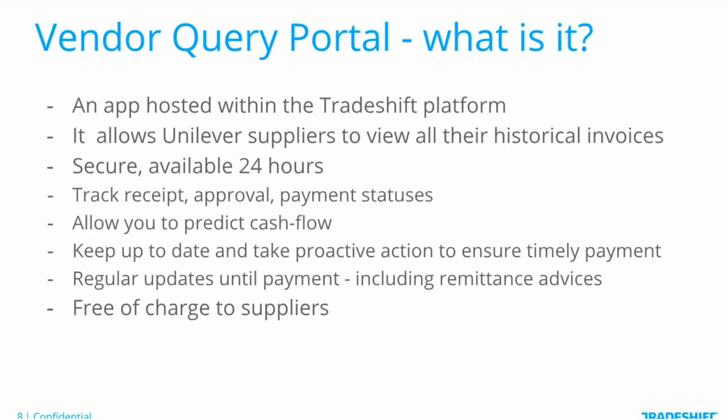It allows you to track receipt, approval, and payment statuses, which are forwarded to the Tradeshift platform and your documents by Unilever. It gives you visibility, allowing you to predict cash flow, keep up to date, and take proactive action to ensure timely payments. You get regular updates until payment, including remittance advice information related to specific invoices, and it is totally free of charge to suppliers.